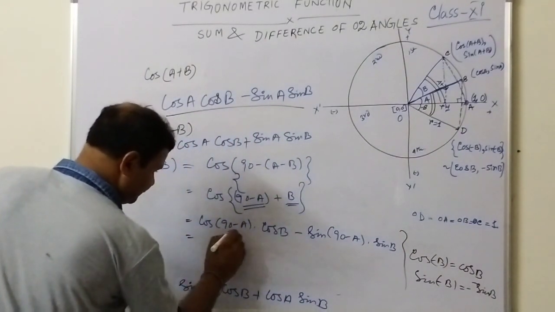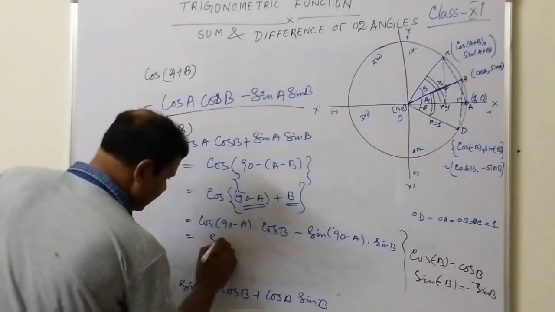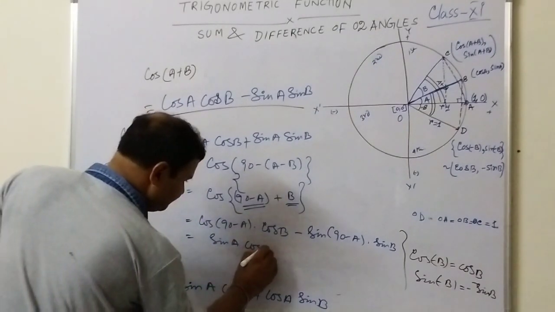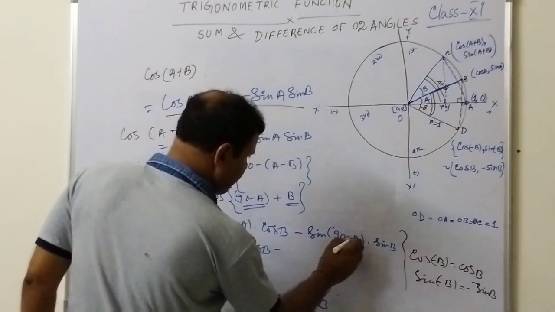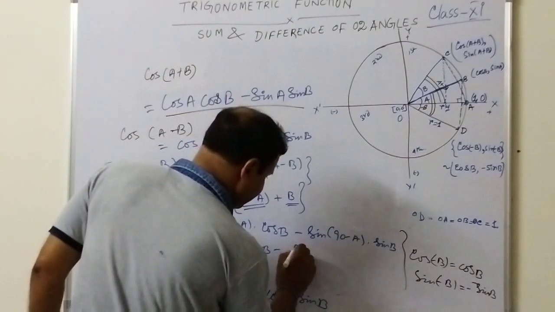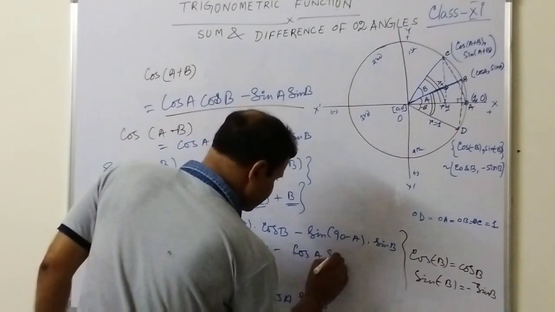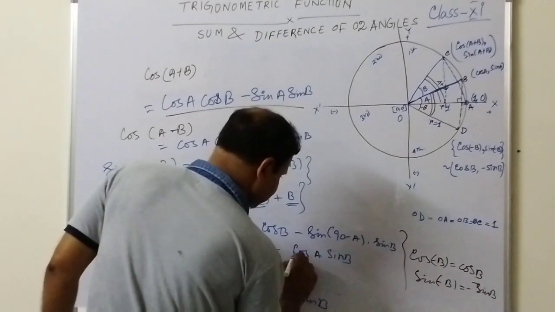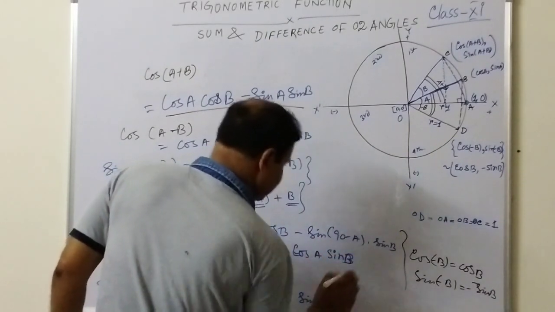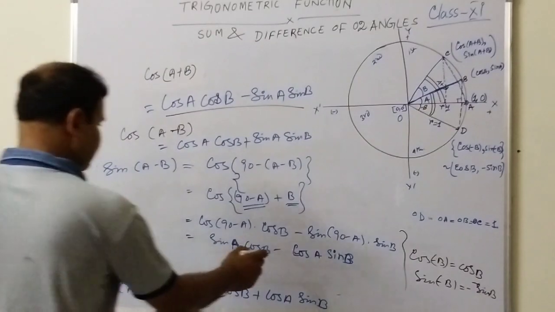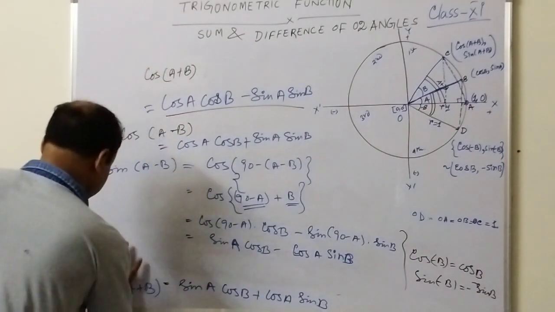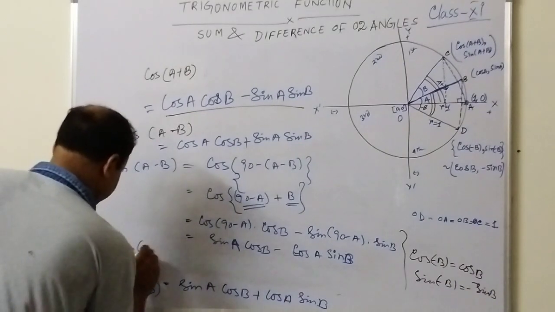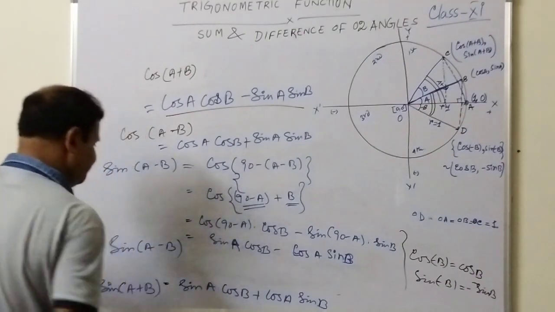So cos(90 minus A) is nothing but sin A, so sin A cos B minus cos(A) sin B, since sin(90 minus A) is cos A. So only the sign changes. So this is sin(A minus B).